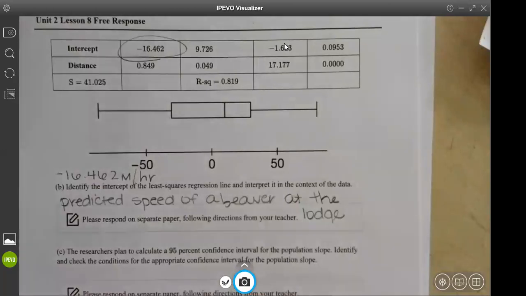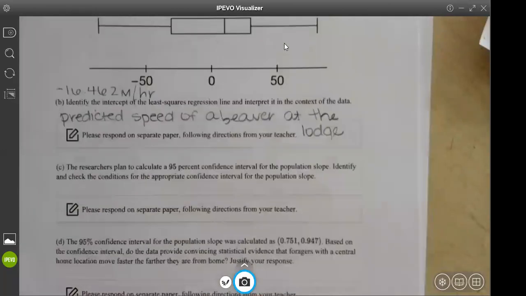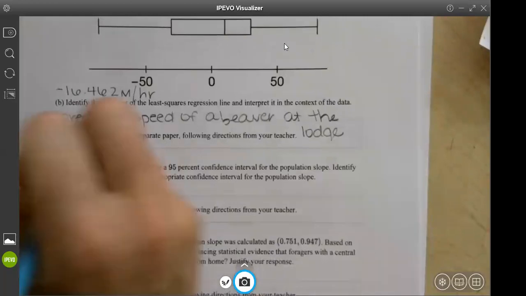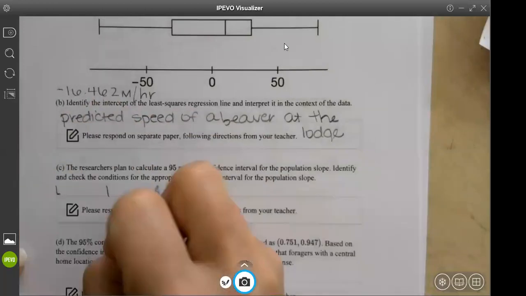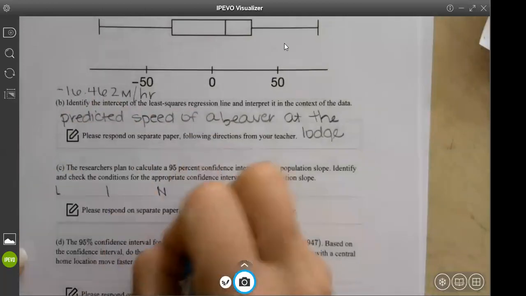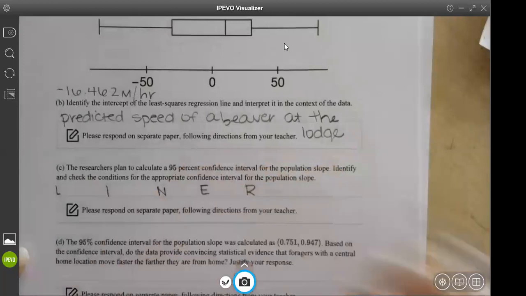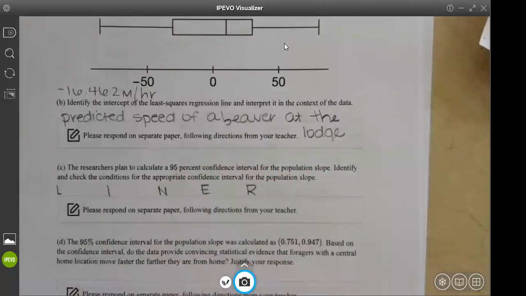The researchers plan to calculate a 95% confidence interval for the population slope. Identify and check the conditions for the appropriate confidence interval for the population slope. So remember for this one, you have to check the LINER. L is for linear.